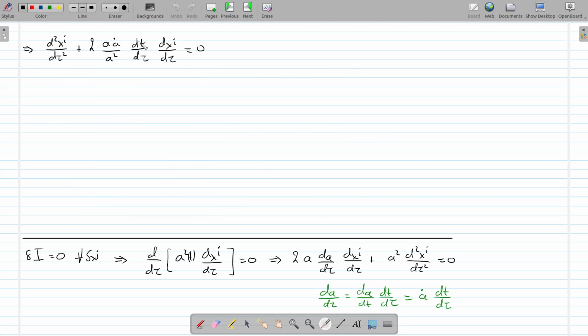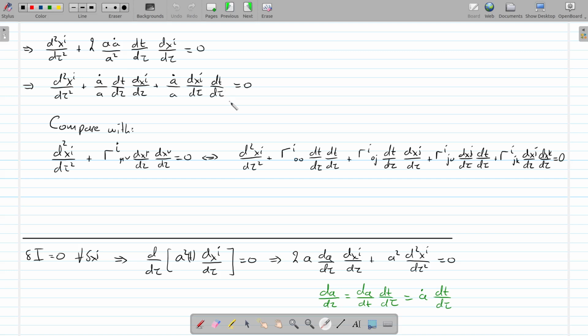So this is the equation of the geodesic in this space-time, and let's write it here in a trivial way. We have two terms, dt dx^i and dx^i dt. And now we have to compare this geodesic equation with the one involving the Christoffel symbols.